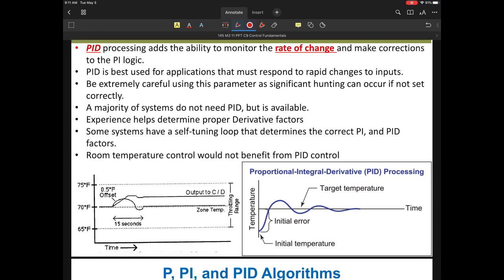That might be an application where a derivative function would be needed, but rarely do we see anything. Certainly never would you need derivative control for room temp control.